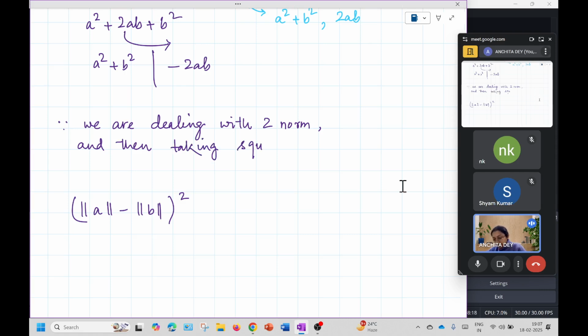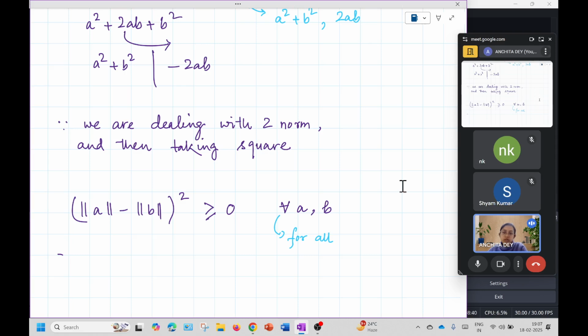We can write that this would always be greater than or equal to 0, for all A and B. This is the for-all symbol. So this is true for any value of A and B, or any vectors A and B, right? Now, when is it equal to 0?